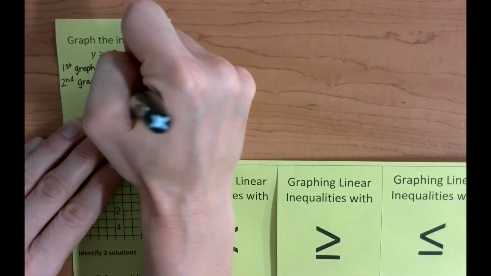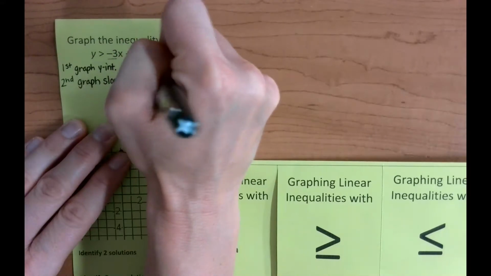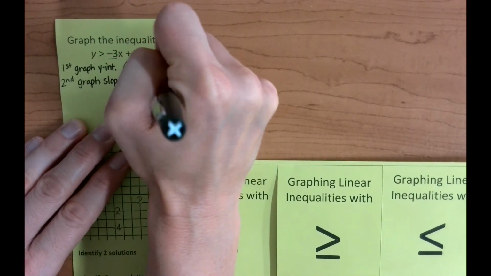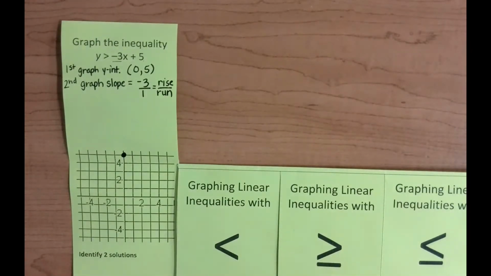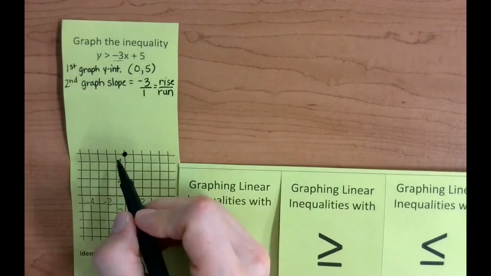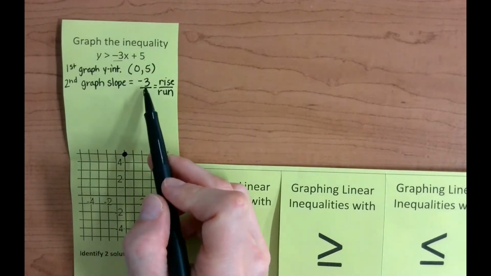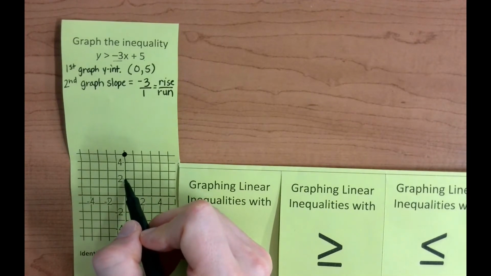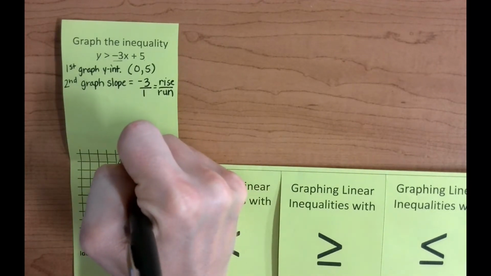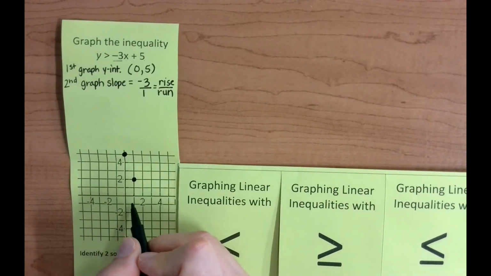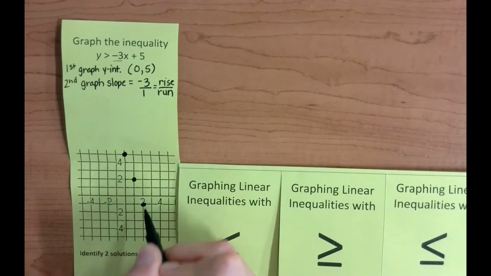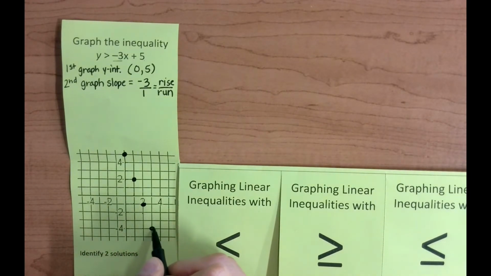Negative 3 over 1. That's the rise over run. Then from our y-intercept, if my rise is negative 3, I go down 3, and then my run is 1, right 1. And just keep going, down 3, right 1, down 3, right 1.